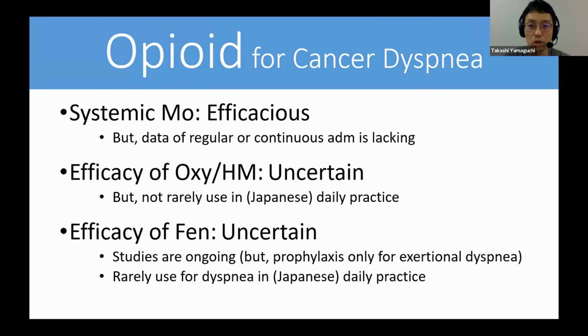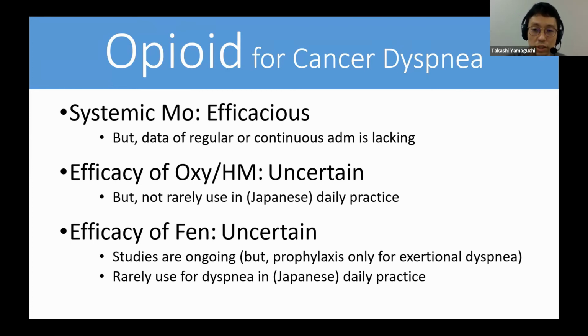And the efficacy of oxycodone and hydromorphone is uncertain, but these drugs are not rarely used in Japanese daily practice as an alternative to morphine in certain settings. So more research is warranted in this field.